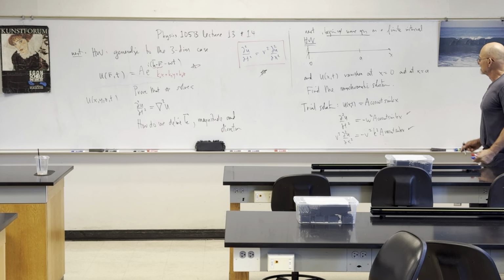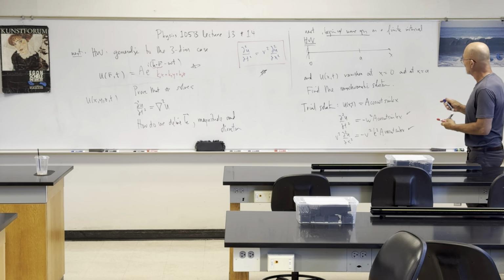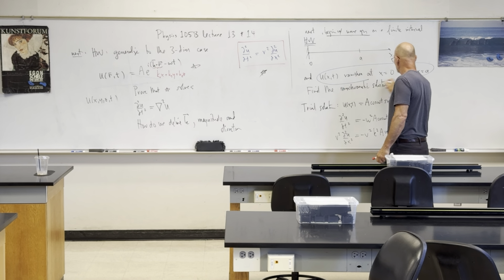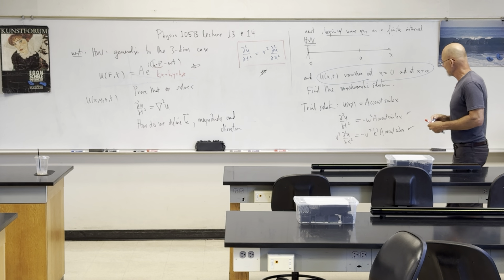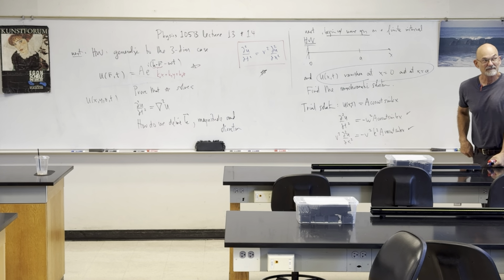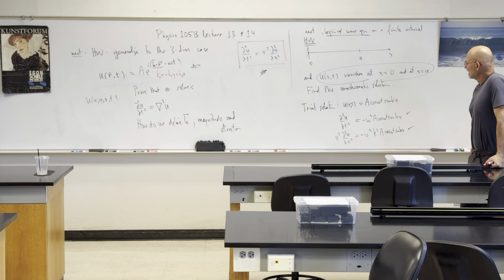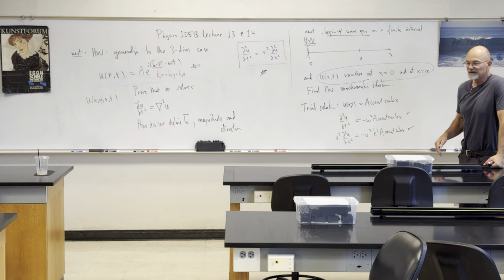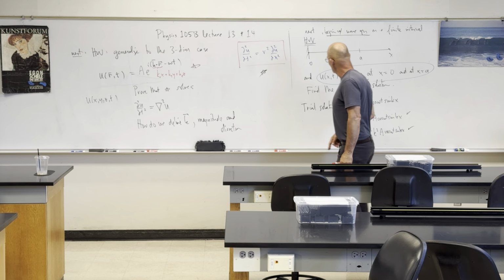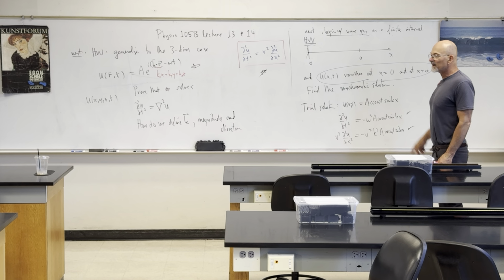Not quite, because we need to satisfy this. So I'm going to leave you with that. I recommend for both of these, just go back to everything we've done, take it from the top, and then you'll see some stuff. This one here, we're almost done.